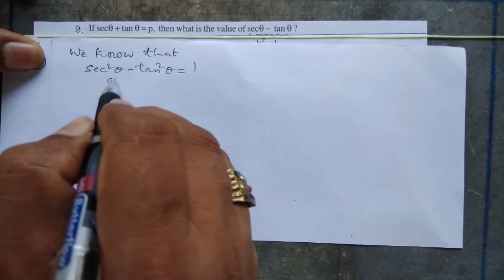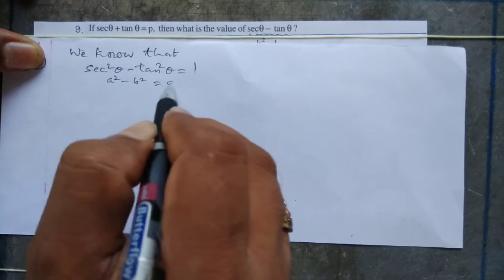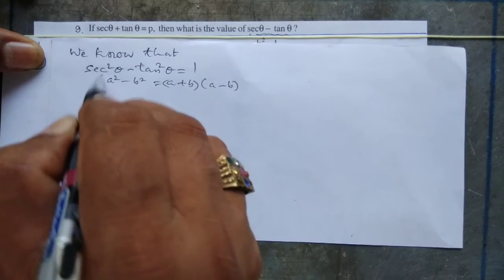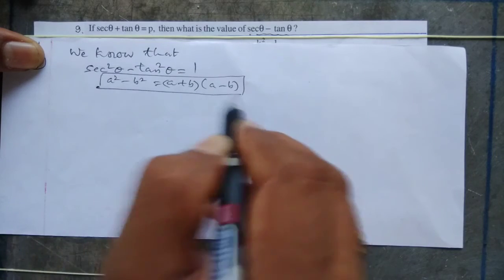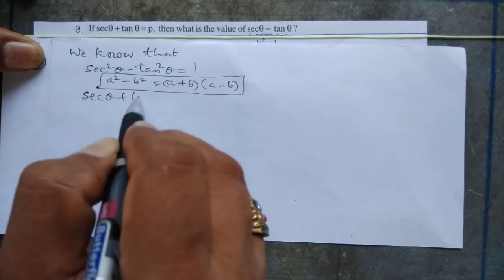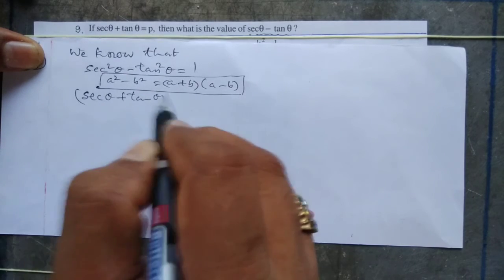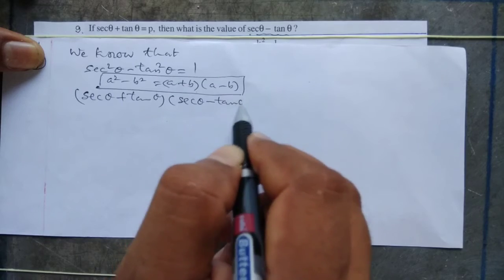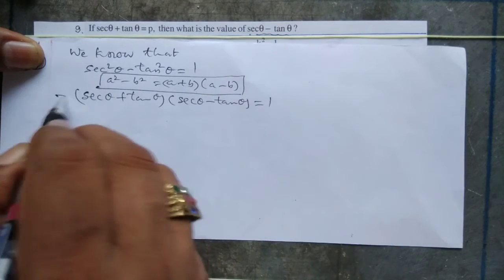It is in the form of a square minus b square. Then we can write a plus b into a minus b. So we can expand this: sec theta plus tan theta into sec theta minus tan theta is equal to 1.